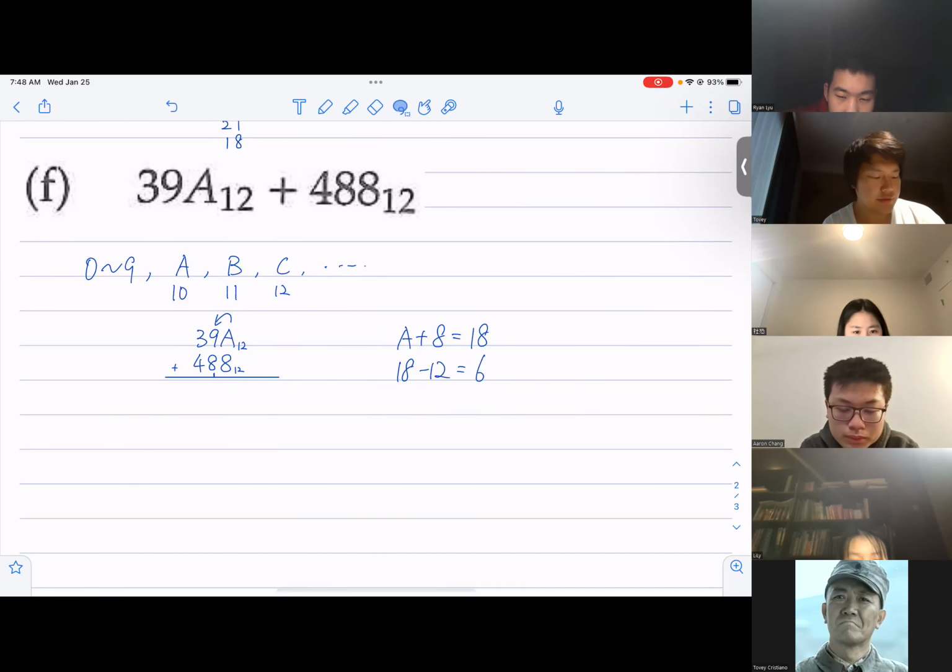This is very similar to the decimal system where you have to carry over 10, remember? In the decimal system, when you carry over 10, you minus 10. Say you have 6 plus 8, that's 14.